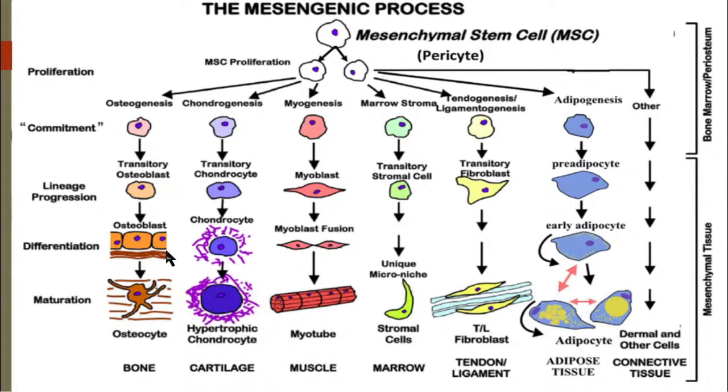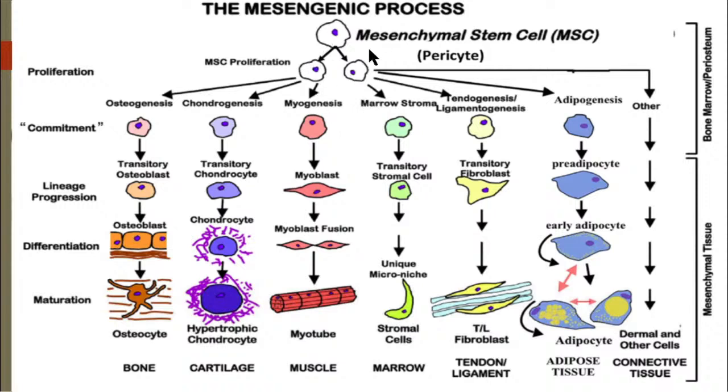In this case, we're talking about chondromucoid in cartilage. In the bone, we talk about osteomucoid, like extracellular matrix.